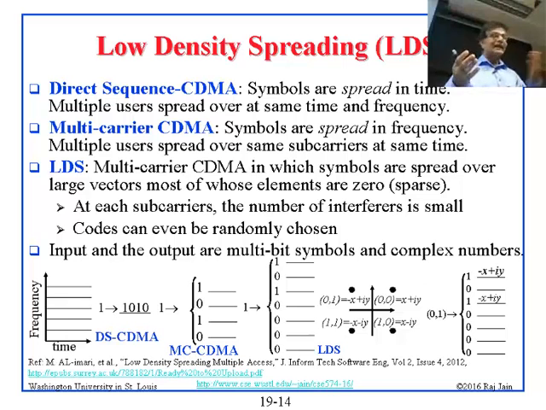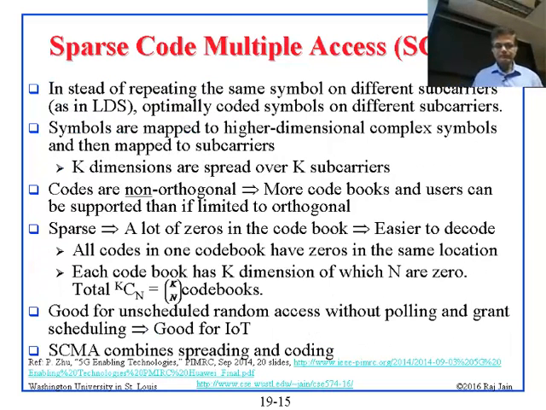That is what SCMA is. They don't repeat the same thing, they do something better. Instead of repeating the same symbols on different subcarriers, as in LDS, optimally coded symbols are placed on the different subcarriers. So now they're trying to merge the idea of space-frequency coding into LDS.